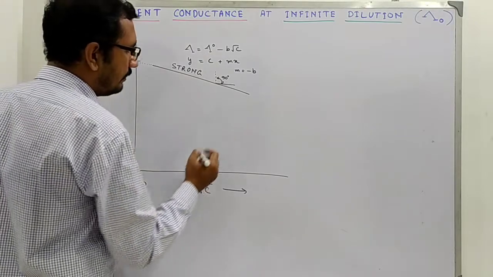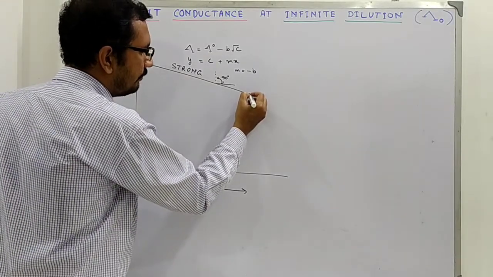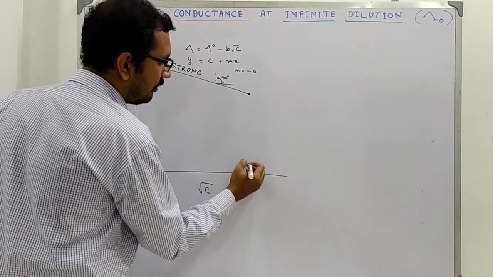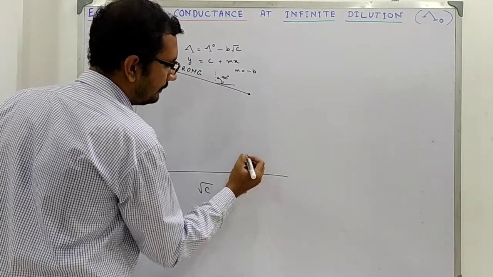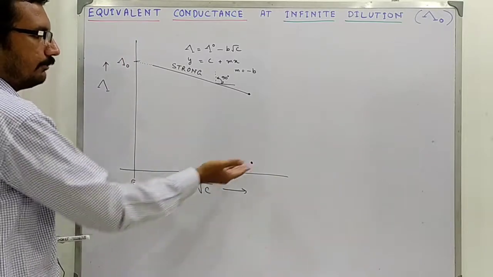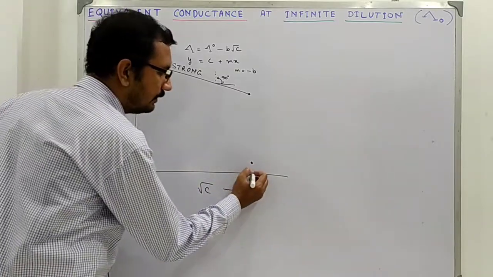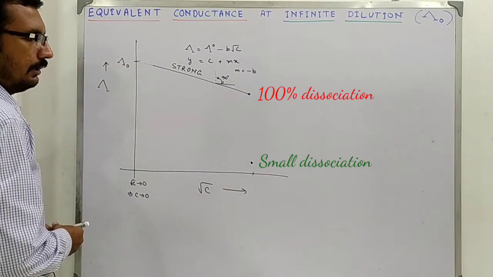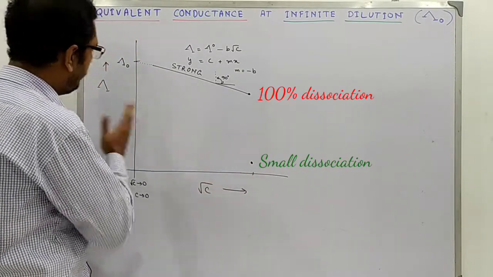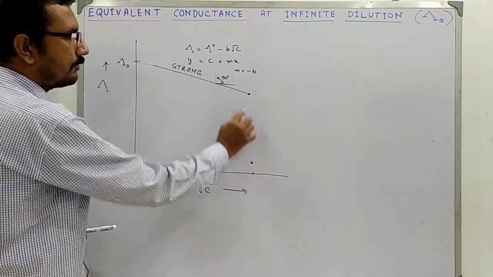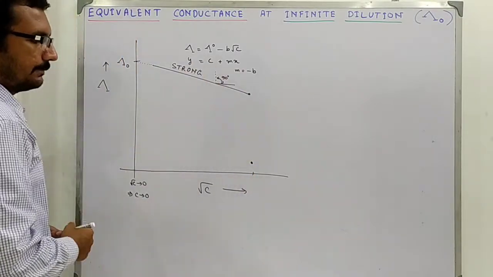For weak electrolytes, if we start with the same concentration, we will get here this value of equivalent conductance. So, if we start with this concentration, then we will get the equivalent conductance for weak electrolyte to appear here and for strong electrolyte to start from here.